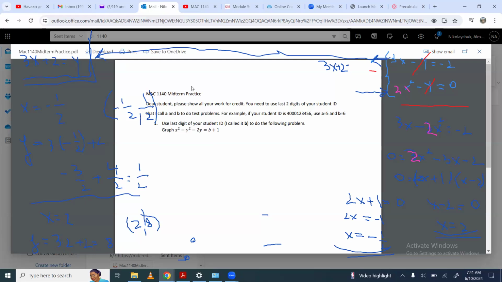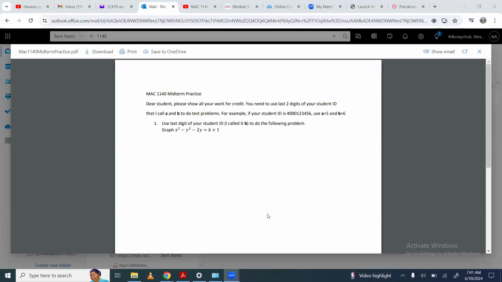So I always give my midterm in the format that utilizes the last digits of student ID. So let me maybe clear this, it's too much mess, right? Share again. No, nice and clean. So the midterm will be this Friday.